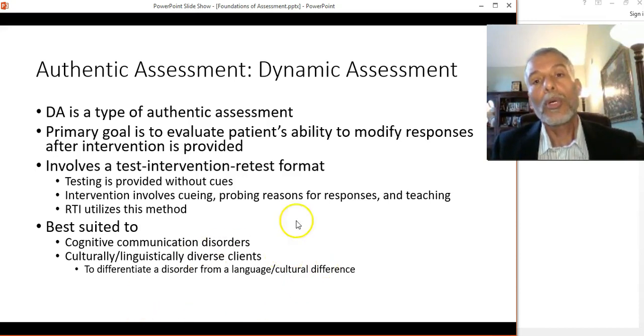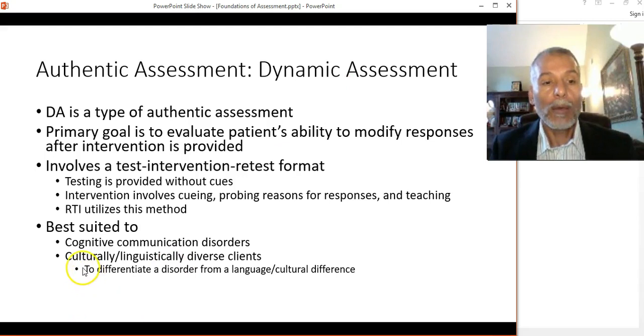So you do dynamic assessment. It is suited for culturally, linguistically diverse patients. We don't call them patients, of course, now, because that is not a disorder. And to differentiate if they have a true disorder or if they have a language or a cultural difference.